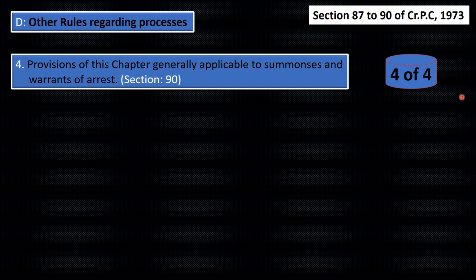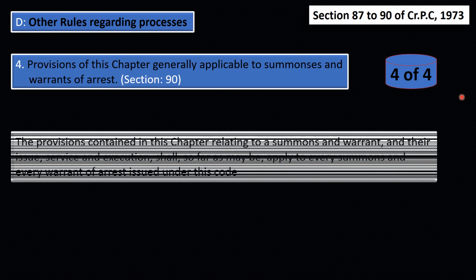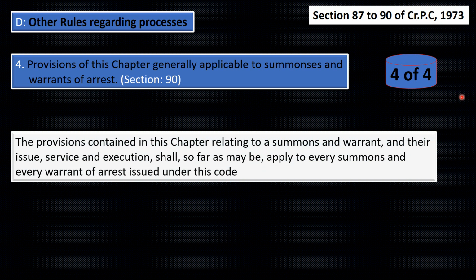It does not inform the processes of compelling the person to appear, but it informs us that the provisions contained in this chapter relating to summons and warrant of arrest and their issue, service, and execution shall, so far as may be, apply to every summons and every warrant of arrest issued under this code.